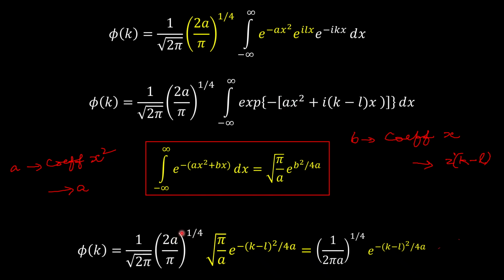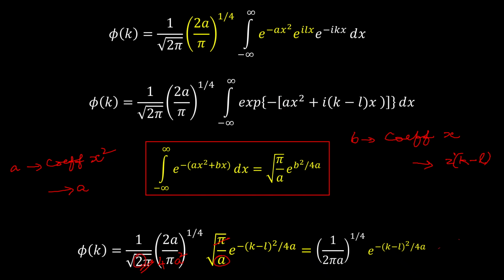Now we can cancel some of the terms. Straight away this pi and this pi will get cancelled. You bring this a inside, it will become a squared because it's the square root. This 1 over 4 similarly will become 4, and the 2 I also brought inside will become 4.